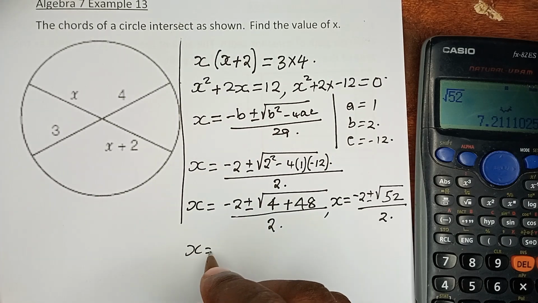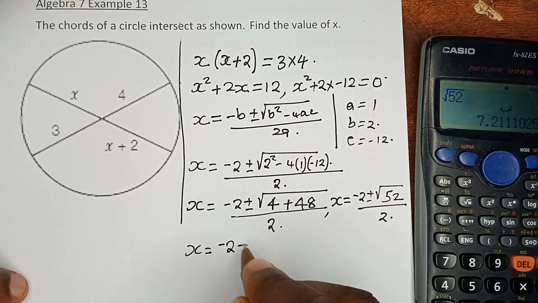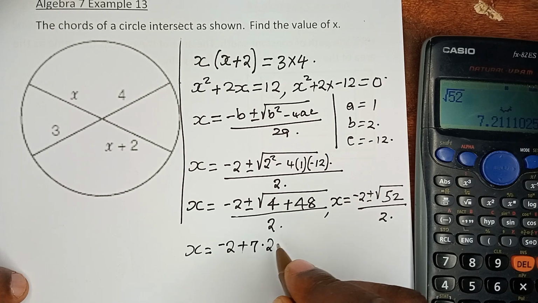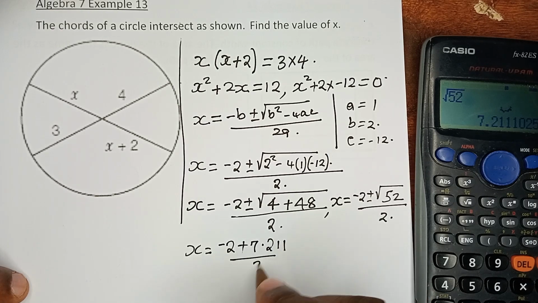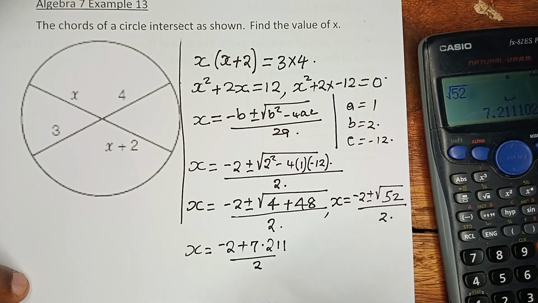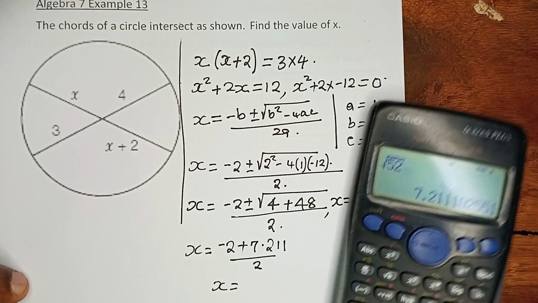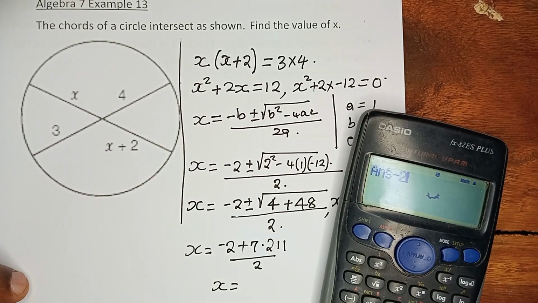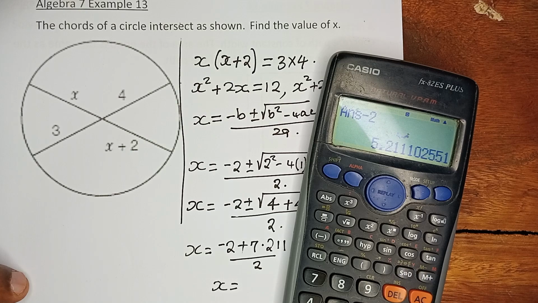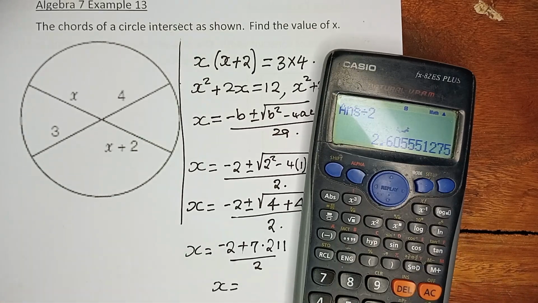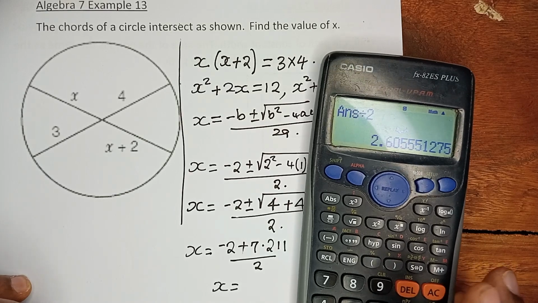So let us say x is either minus 2 plus 7.211, everything over 2. Let us say that the value of x can be 2.61.